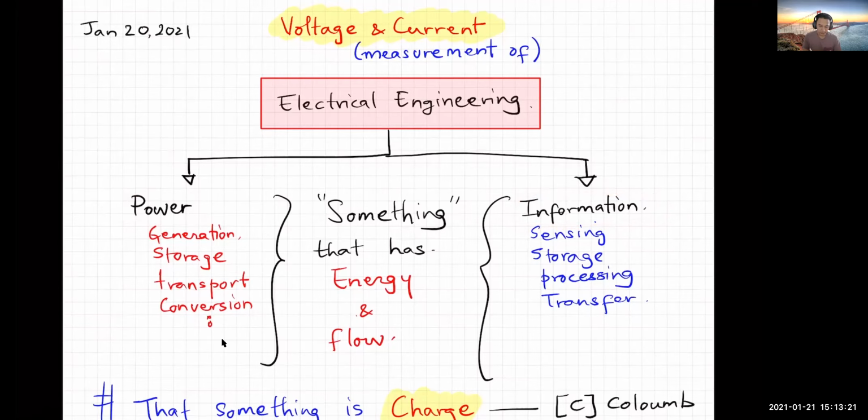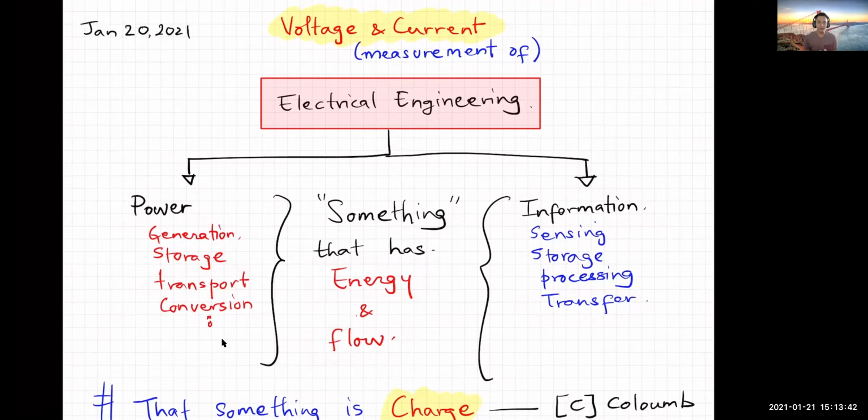And then there's this notion of having to transport that energy or information from one point to another, right? So there's a notion of energy, and there's a notion of flow of that energy from one point to another whenever we're talking about power or information within electrical engineering, right?